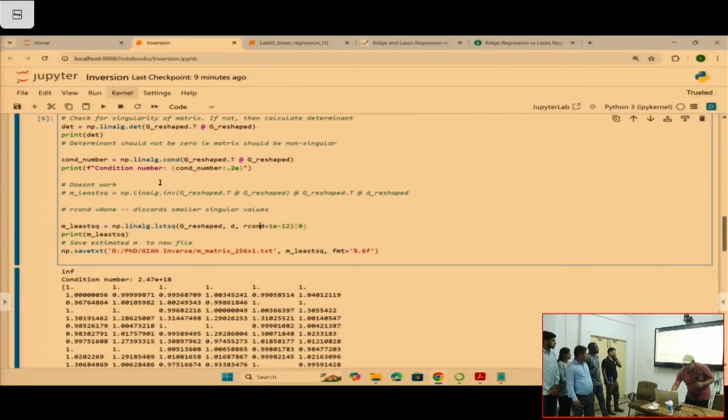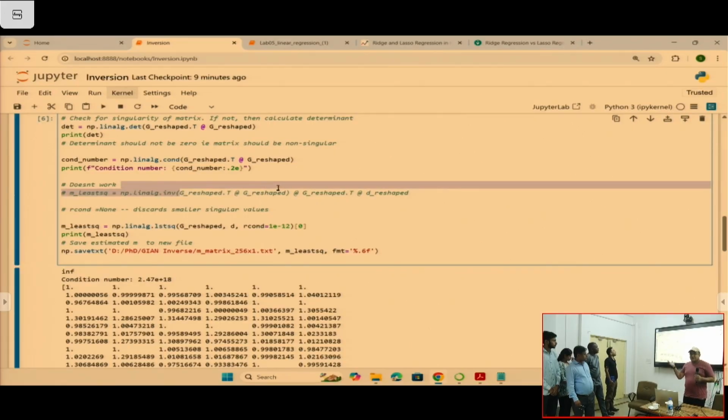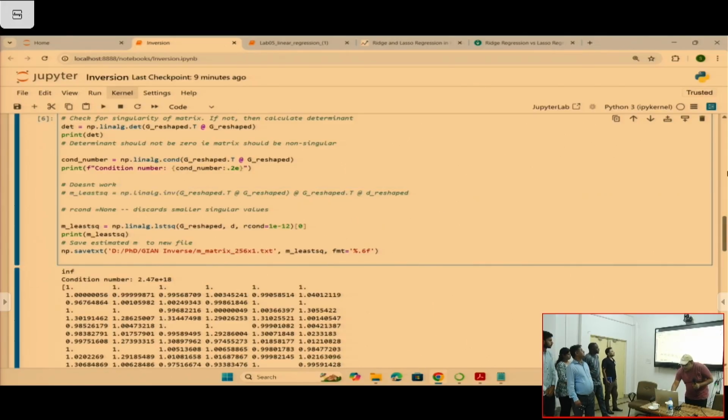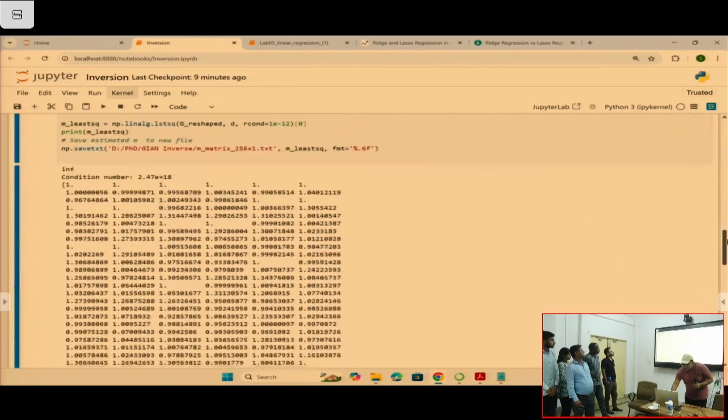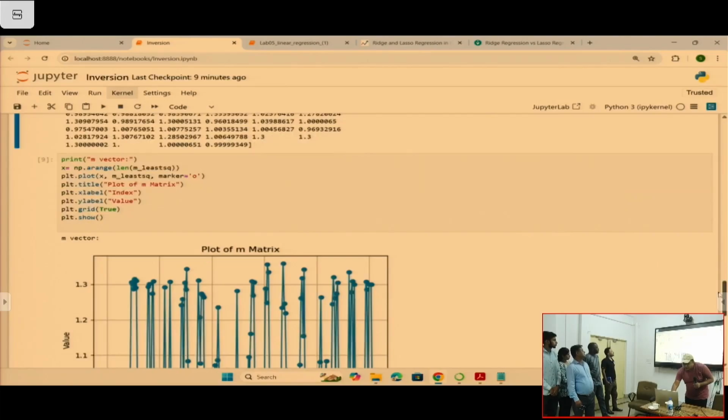And one thing I want to mention is that we tried the direct formula, the G transpose G inverse. That did not work because the condition number is so high that the inverse will be very unstable. So by this approach, we got the M matrix, and we plotted it.